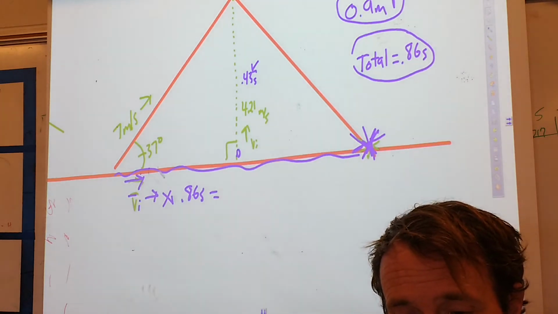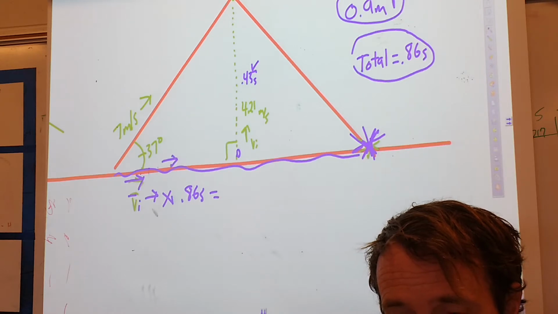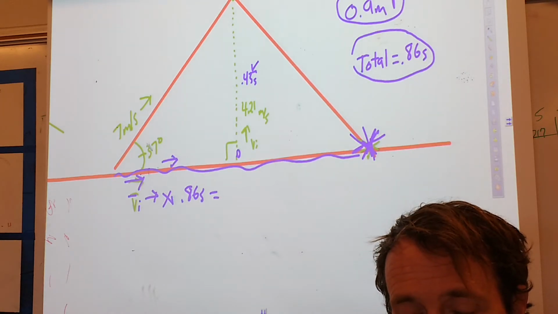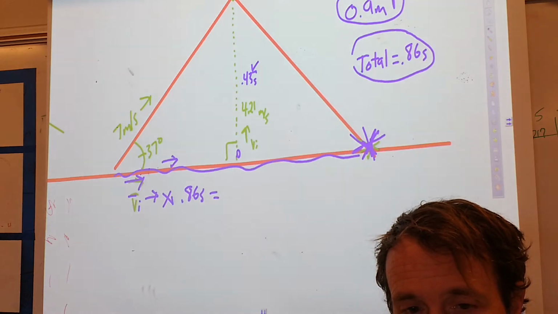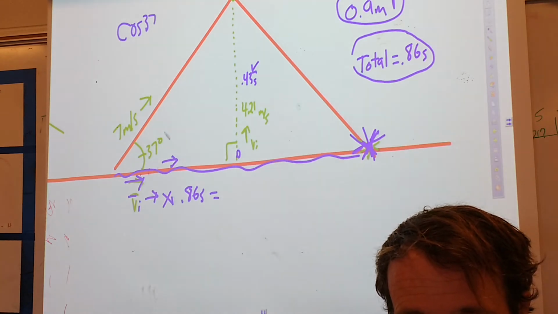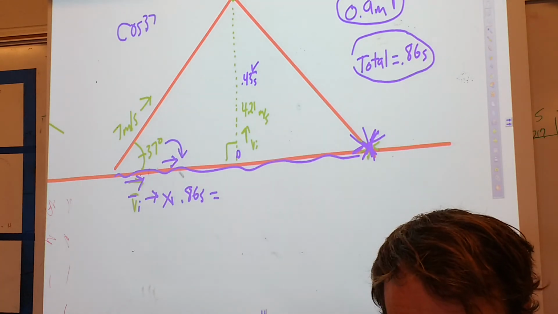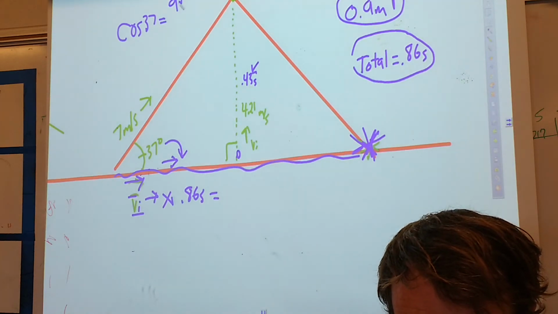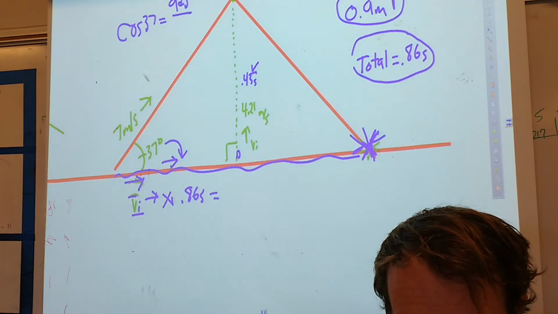So let's find this velocity on that leg of the triangle. We've got 37, a 7. I know, we'll try cosine. The cosine of 37 is equal to the adjacent side, that's this V, over the hypotenuse, which is 7.